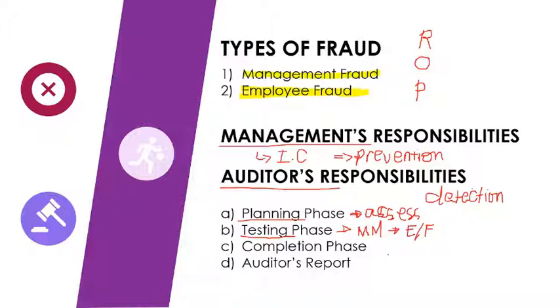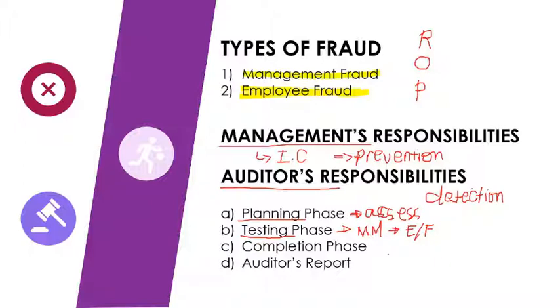Now, if it is a material fraud, the auditor still has to explain, the same as with non-material fraud, what the implications are and who the people involved are.